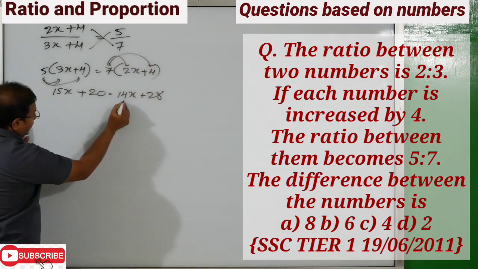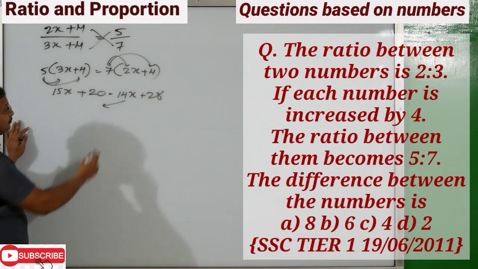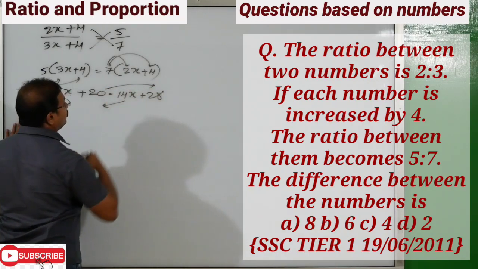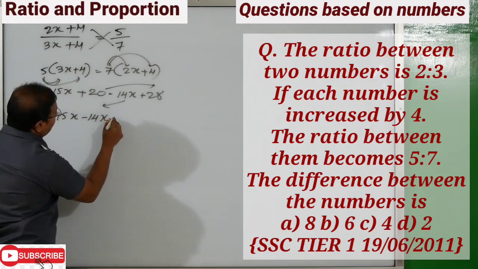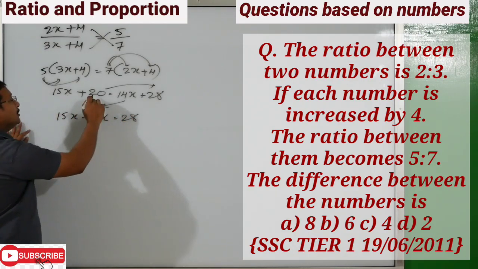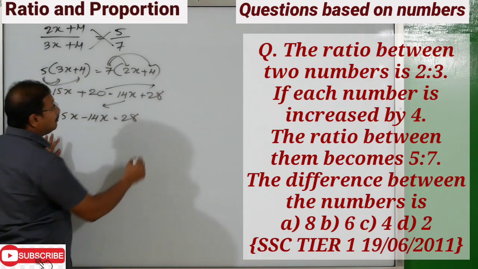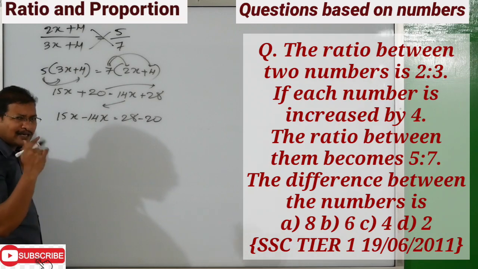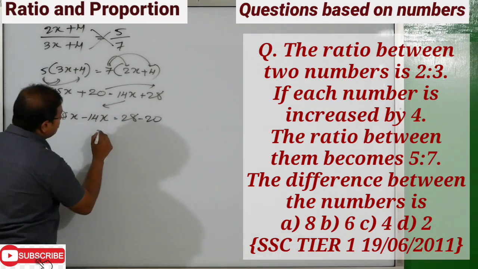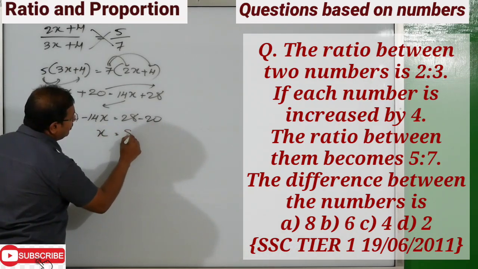Now 14x will come to the left side and 20 will carry to the right. That means 15x minus 14x equals 28 minus 20. 15 minus 14, 1. 1x means x. X equals 8.